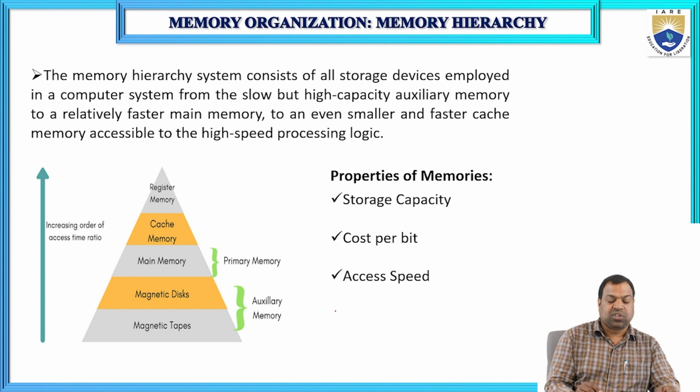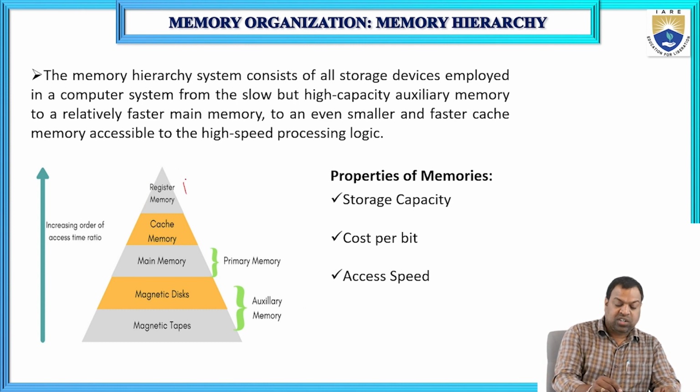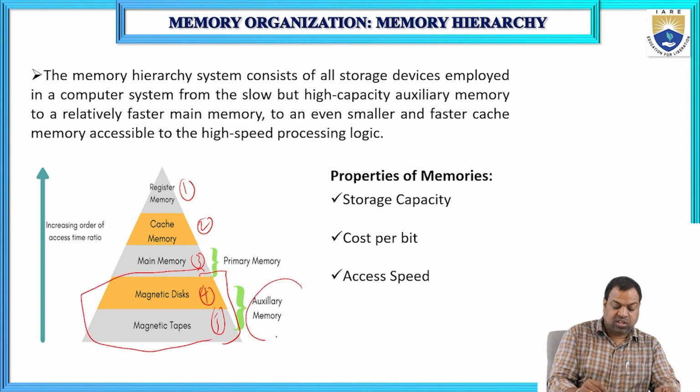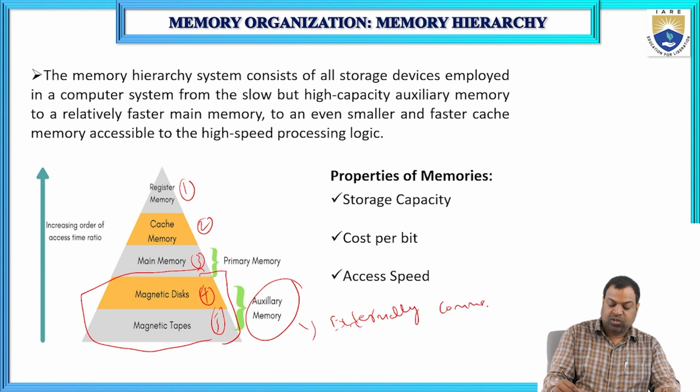How many types of memories are there? Here, first one is register memory, cache memory, main memory, magnetic disk, magnetic tape. So magnetic disk and magnetic tape are called the auxiliary memories, means externally connected to the CPU or main memory.